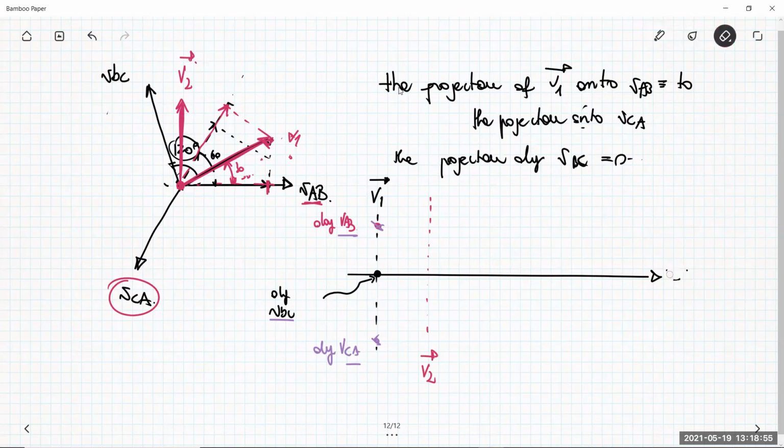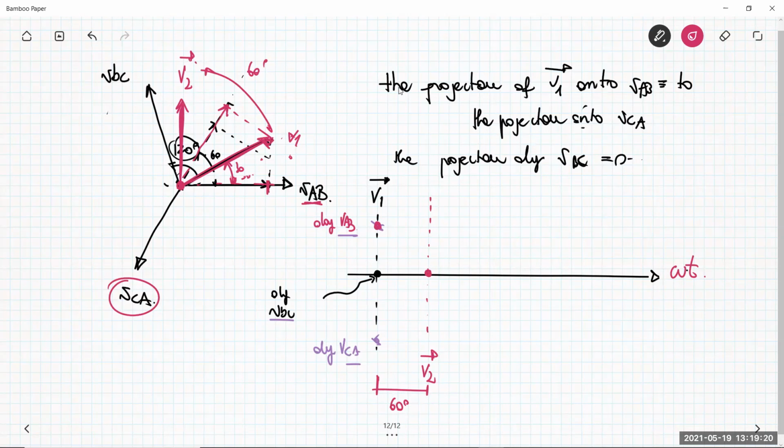Let me consider here an angle, so this separation is 60 degrees, because between V1 and V2 you have 60 degrees. Okay, here you have 60 degrees. So the projection of V2 along VAB is null. So the projection that I put in red here now is null.